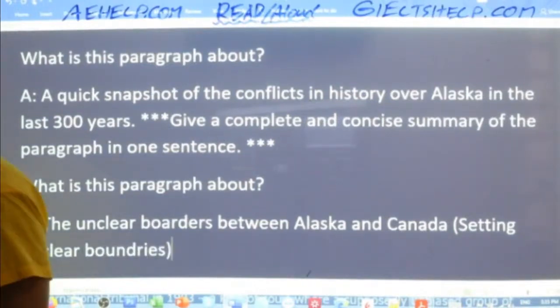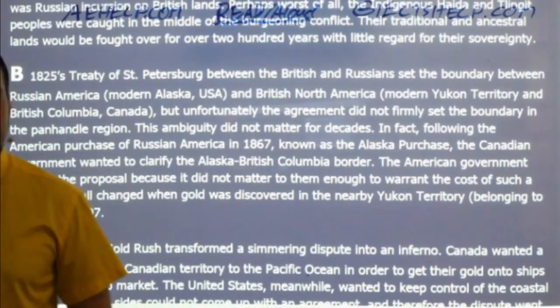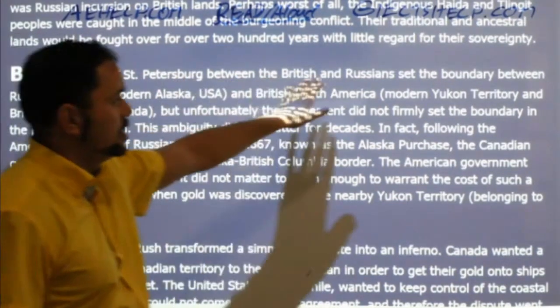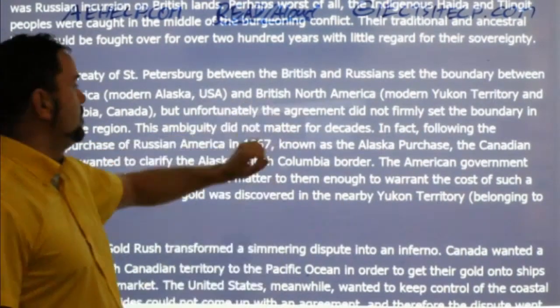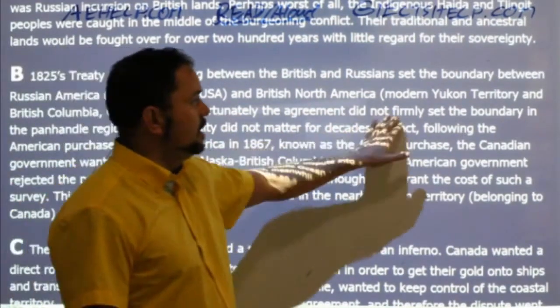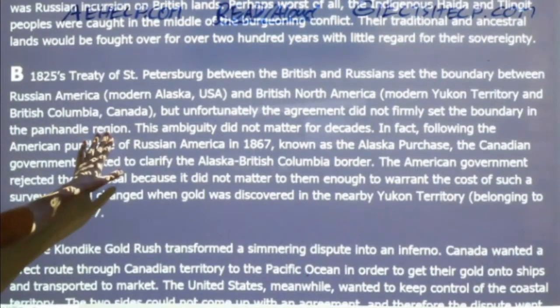Okay, it's clearly there. I don't think you have to have extremely advanced English to figure that out. So here you can see that there's the Treaty of St. Petersburg between Russia, setting the boundary between Russian America and North America. And then it says here, unfortunately, the agreement did not firmly set the boundary in the panhandle region.